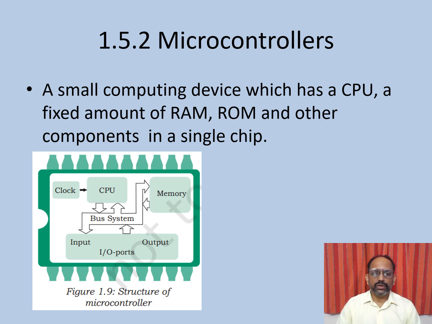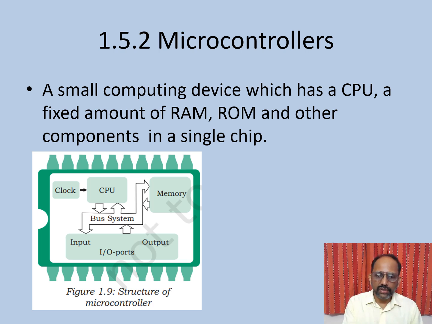Let us study about microcontrollers. What is a microcontroller? It is a small computing device which has a CPU, a fixed amount of RAM and ROM, and other components in a single chip. What is the difference between a microprocessor and a microcontroller?